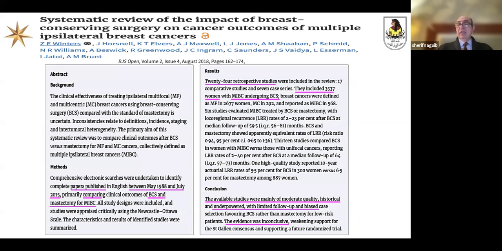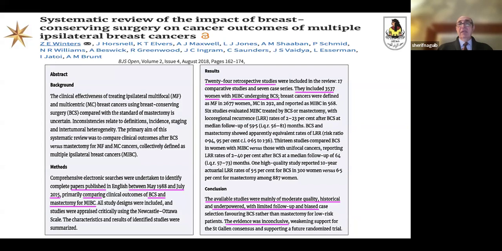Accordingly, they concluded that the evidence was inconclusive and they couldn't reach a decision whether breast conservation can be added to the guidelines in treating multifocal or multicentric breast cancer.